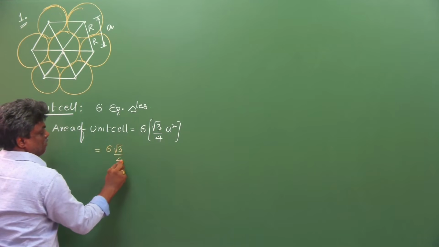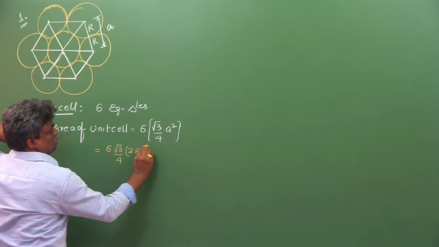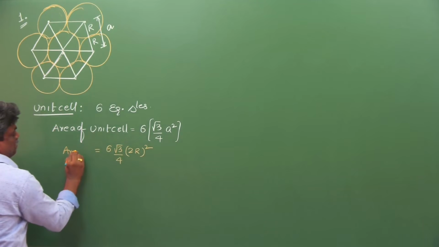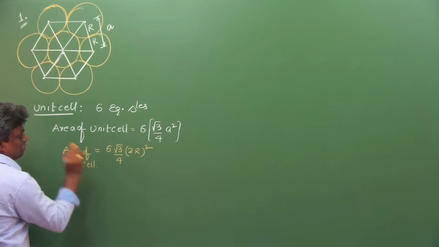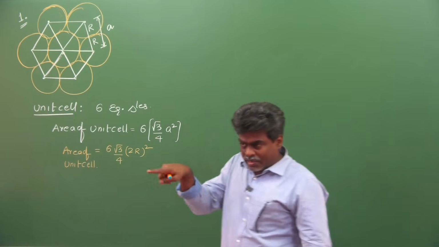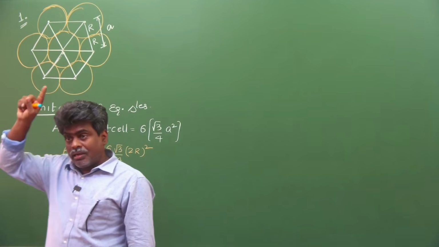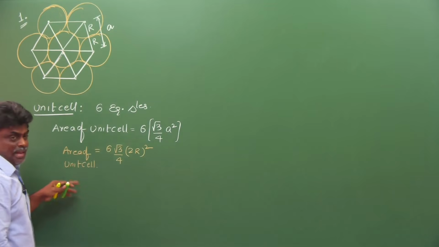Root 3 by 4, your a is nothing but 2R whole square. This is the area of a unit cell. If you want to find the packing fraction, first you need that denominator, the area of the unit cell. Earlier in 3 dimensions you had volume, because it is 2 dimensions, that's why we are finding area.